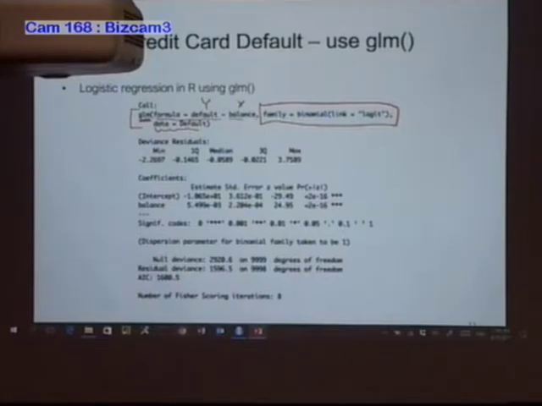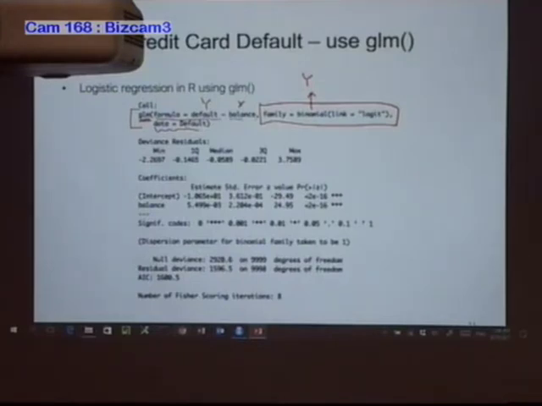But here we are running a binary logistic regression, so we have to specify binomial. Binomial is the family specifying the distribution of y. Earlier we said for linear regression, it's Gaussian. If you don't specify this family in GLM, the default is Gaussian.